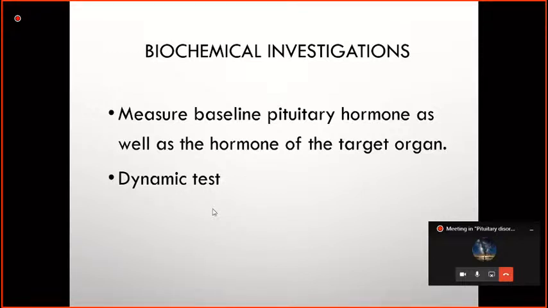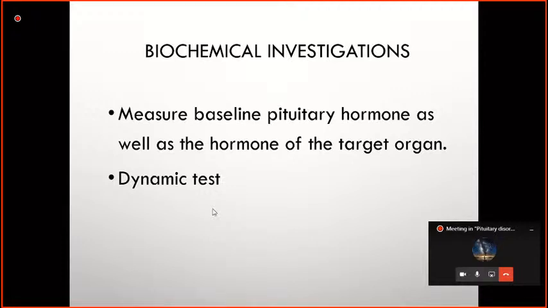That means you want to exert extra suppression or extra stimulation on top of the usual regulatory stimulation and suppression of the hormones. So it's a dynamic test.